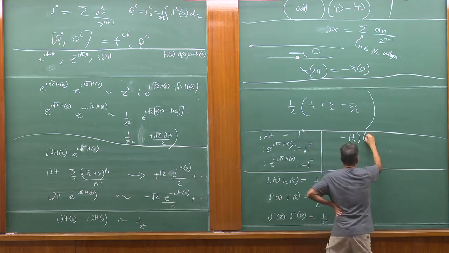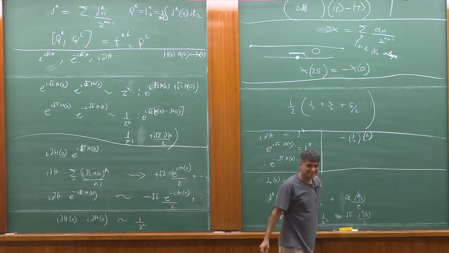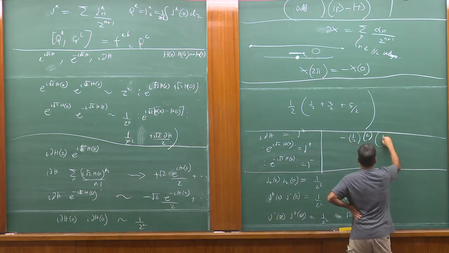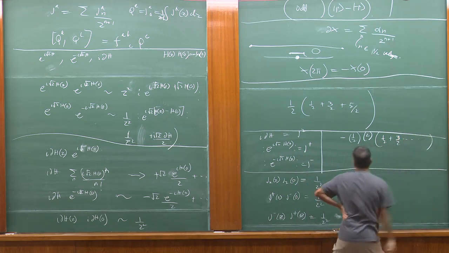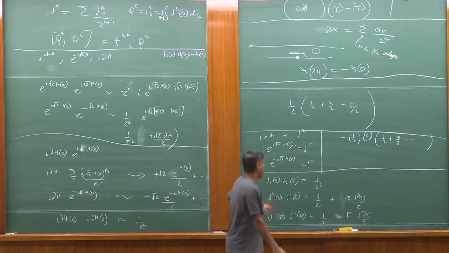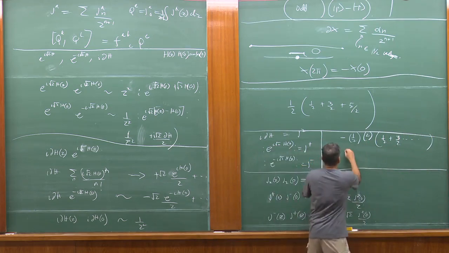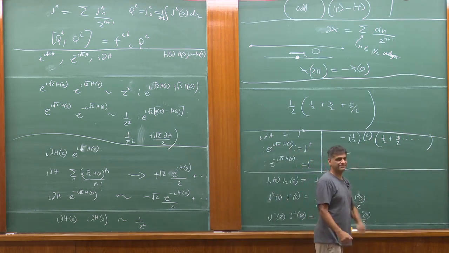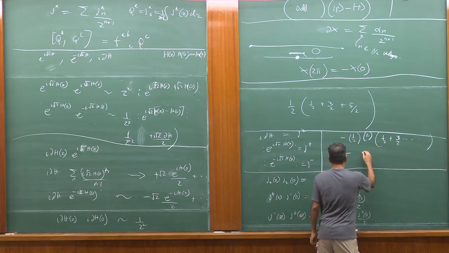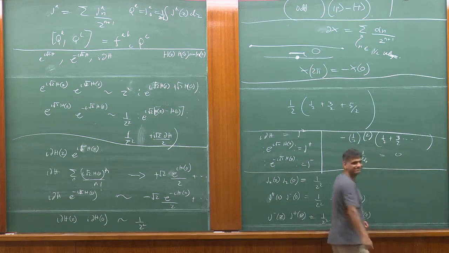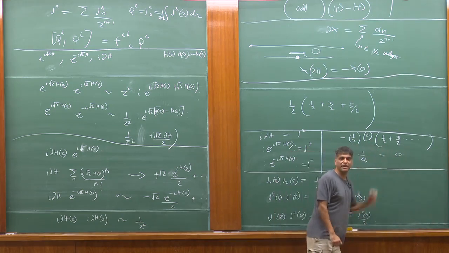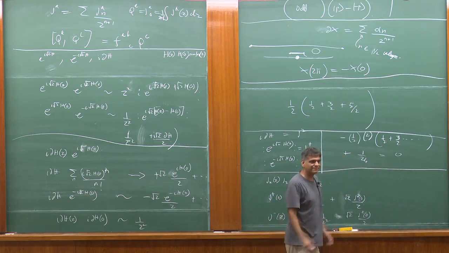The way we did it last time had 2, because there were 2 fermions, into 1 by 2 plus 3 by 2 and so on, plus c, which was 1, by 24. So that was equal to 0, because that was the dimension of the primary, the identity operator.